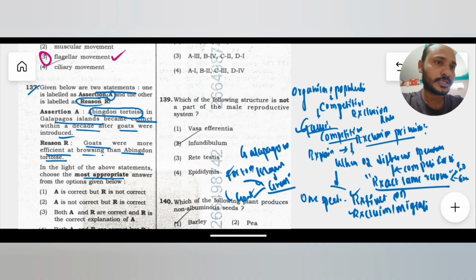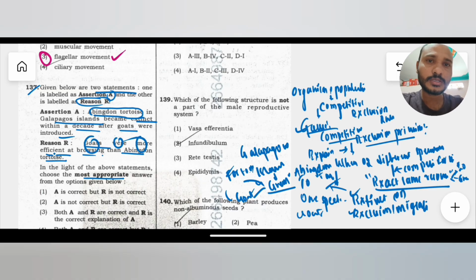Here in the question, the extinct species is the bighorn tortoise, which got completely extinct due to the goat. When the goat was introduced into the Galapagos Island, it had more grazing capacity. Goats were more efficient at browsing than the bighorn tortoise. So both statements are right.